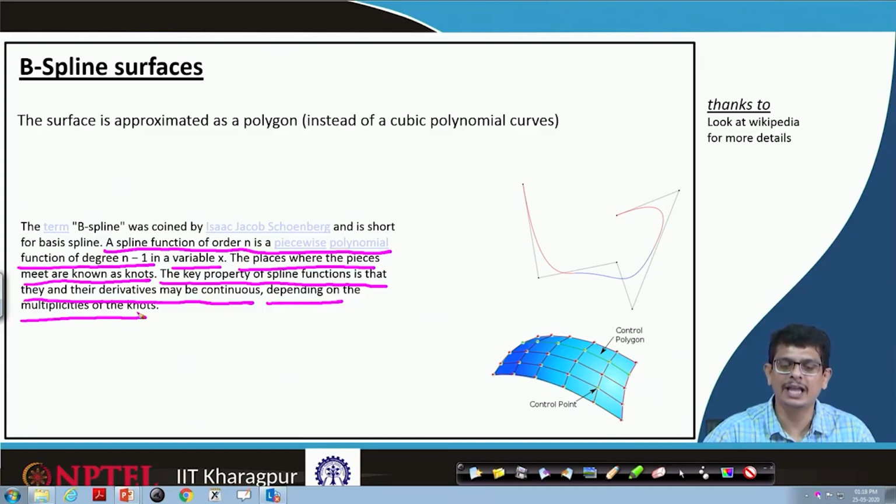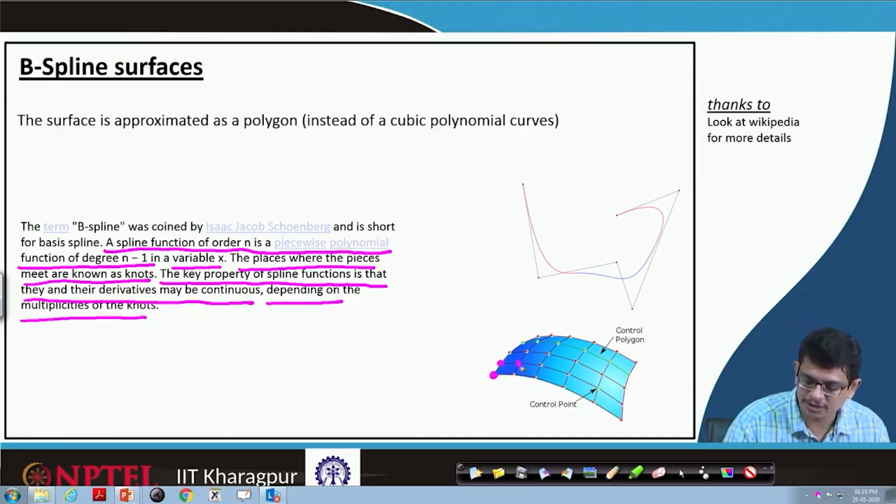And we do not use anything like the cubic polynomials that we used for Bezier curves, but here we use polygons. By carefully adjusting these polygons, we will be in a position to construct a surface. For example, we have these data points.